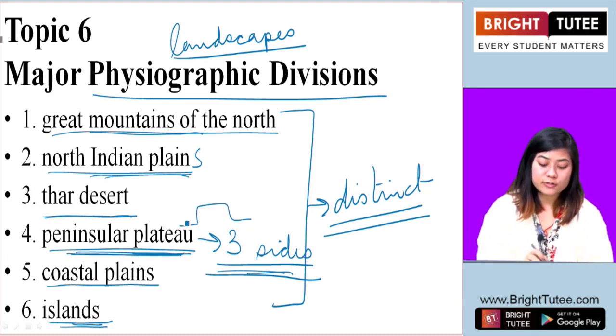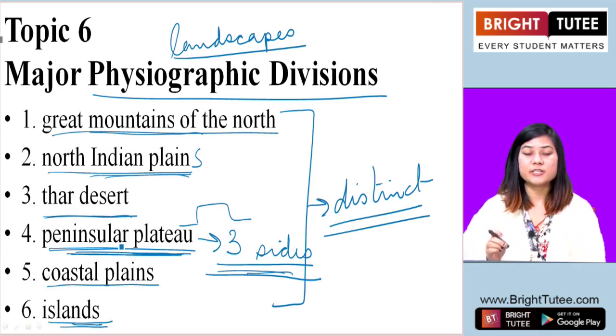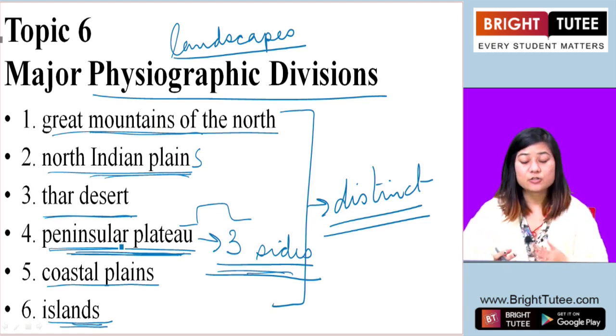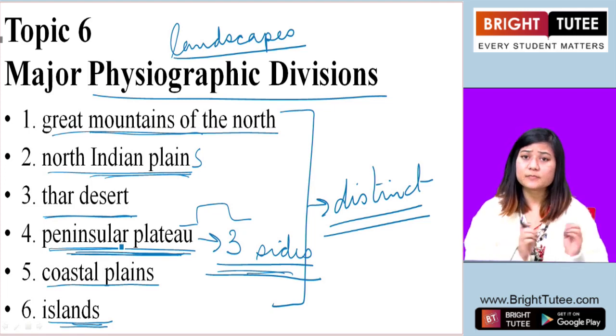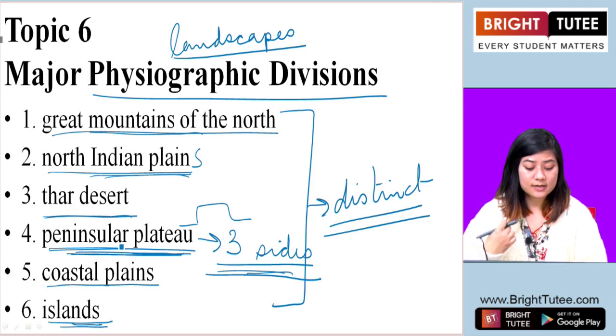It is also called peninsular because it is surrounded by ocean and sea on 3 of its sides: Bay of Bengal on the east, Arabian Sea on the west, and Indian Ocean in the south.